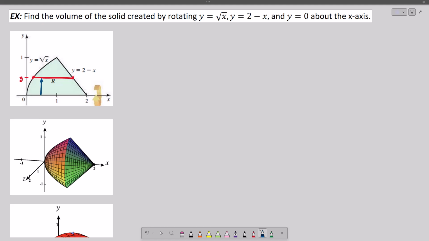The distance to the x-axis is going to be the radius of the corresponding cylinder. And this horizontal distance that measures the length of that red segment will be the height of the cylinder. So we're creating a cylinder that's lying on its side. The height is horizontal, the radius is vertical.